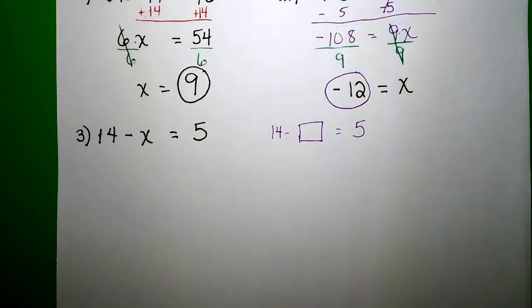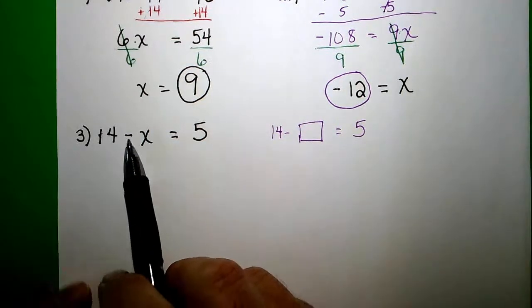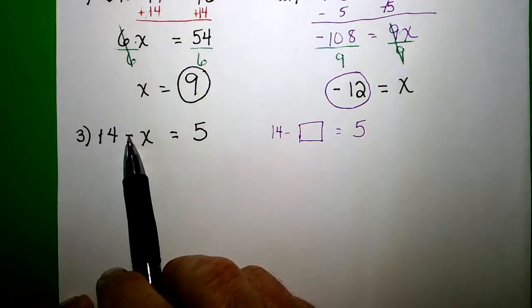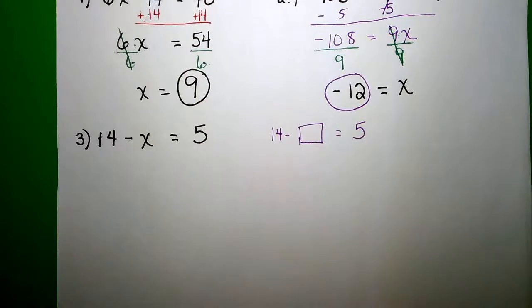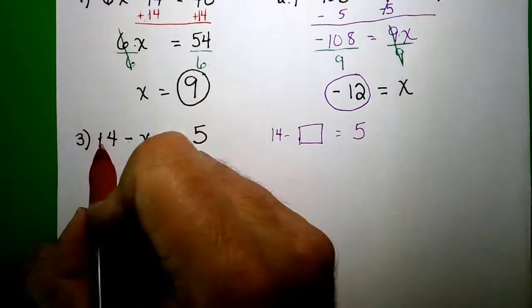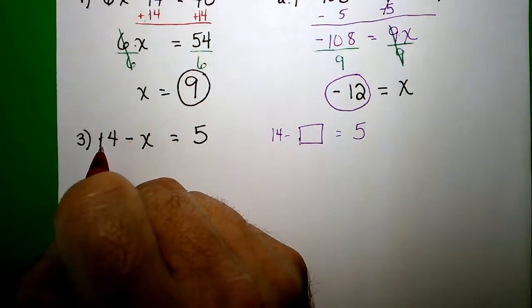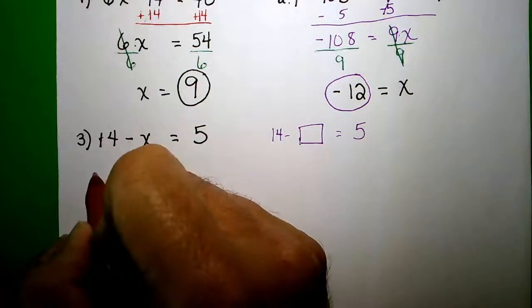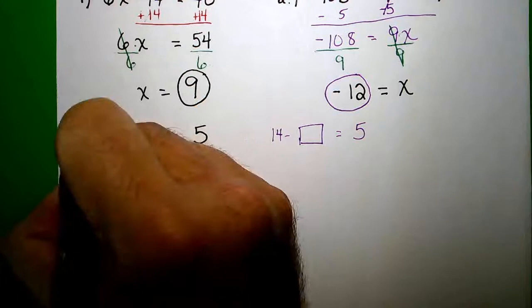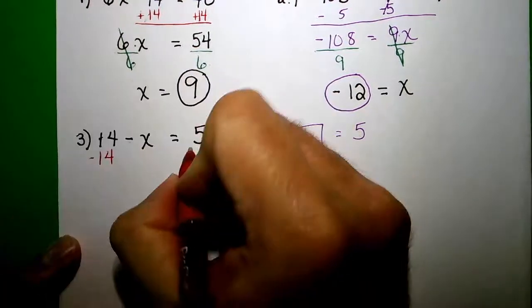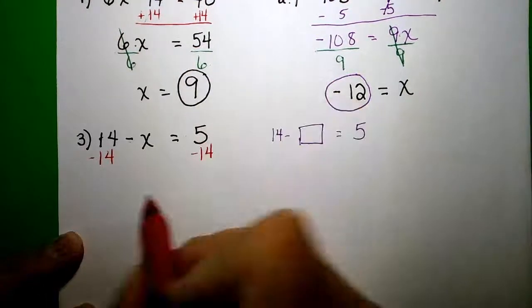Well, let's go about this algebraically. What I want to show is what's going to happen with this minus here. First of all, I can get rid of the 14 by doing what? Adding 14 or subtracting 14? Well, if I added 14, that would give me a 28. You have to subtract 14 from both sides.